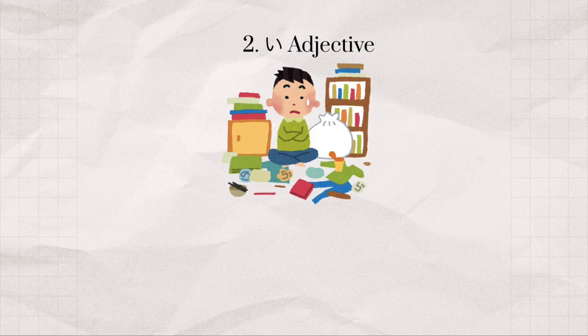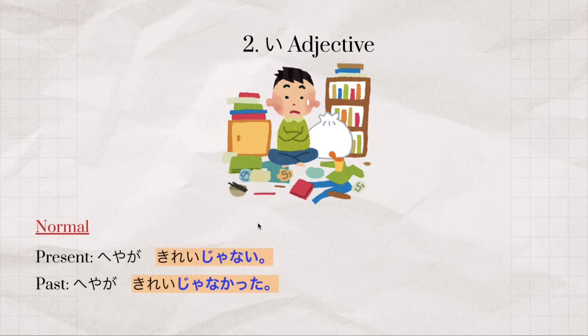Okay, so there's a guy with a messy room. To say that the room was not clean or is not clean, normal present tense would be 部屋がきれいじゃない. Because 部屋 means room and きれい is clean, but it's not.